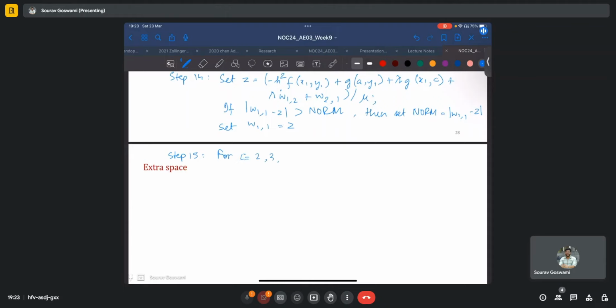For i equals 3 till n minus 2, something similar. Z equals minus h square f of xi comma y1 plus lambda g xi comma c plus wi minus 1 comma 1 plus lambda wi comma 2 plus wi plus 1 comma 1, by mu.